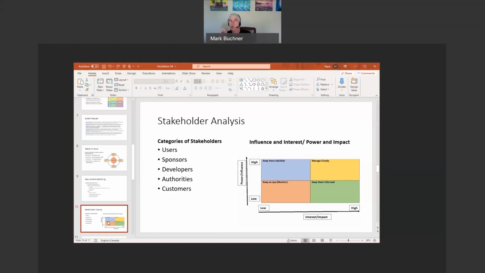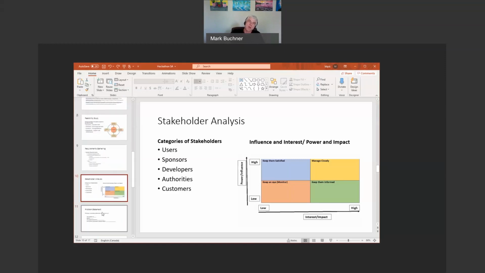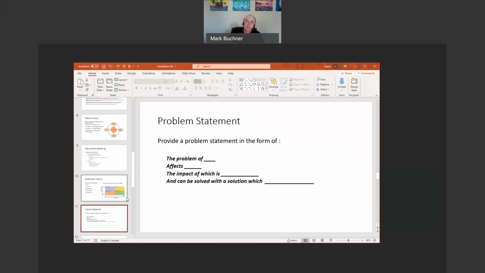So you won't believe how much you gain, instead of just looking at a textbook or Googling something or thinking about it in your head or listening to some prof talk about it, by actually talking to real stakeholders.